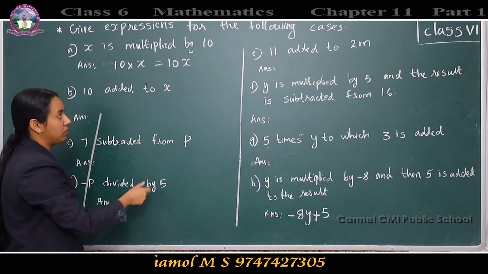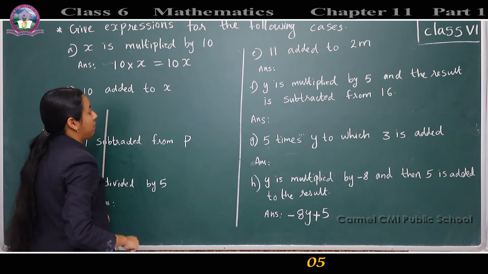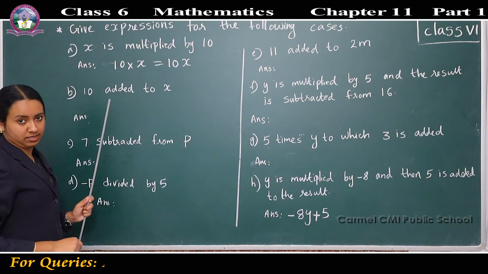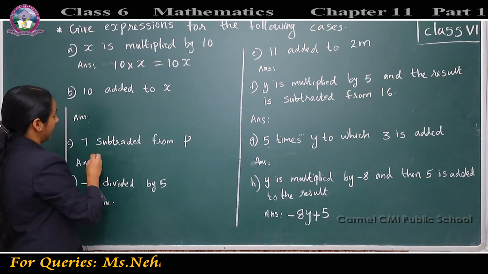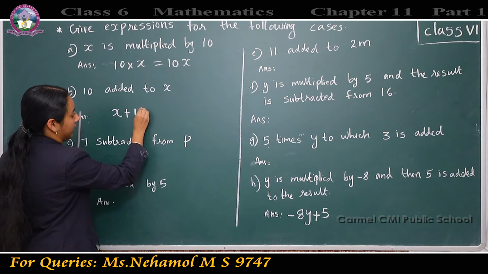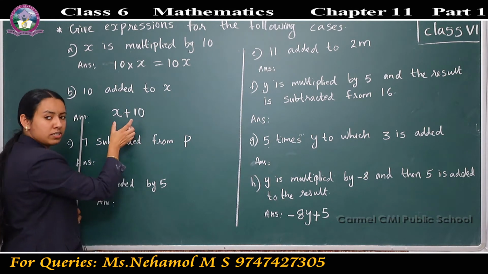In the case of multiplication, first we write the number, then the variable. Then next one, 10 added to x. That means x plus 10. x plus 10 means x plus 10.